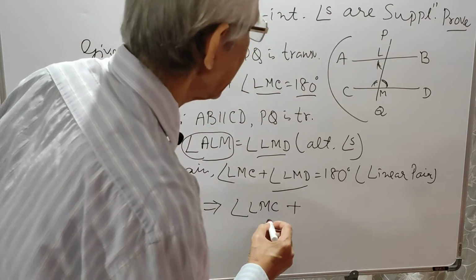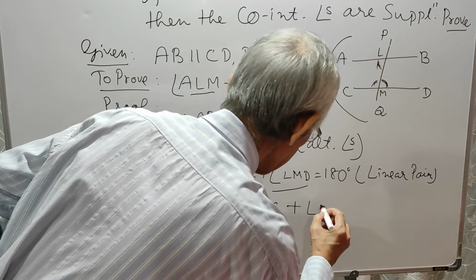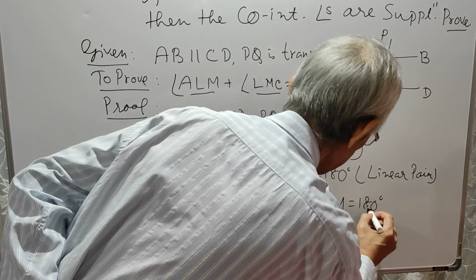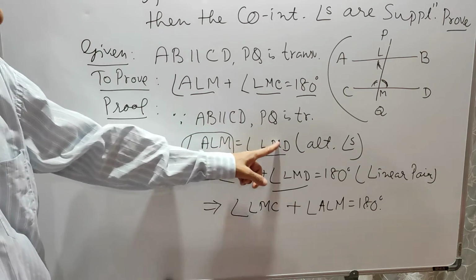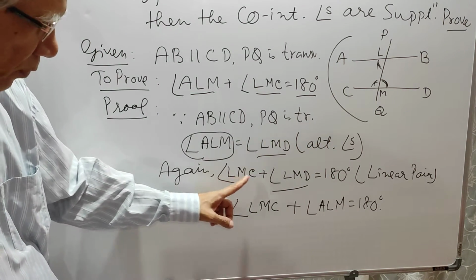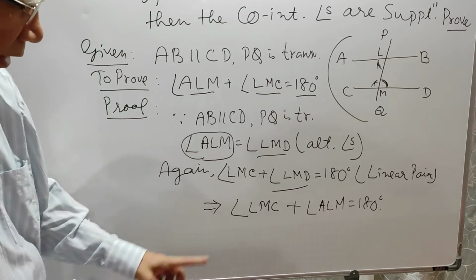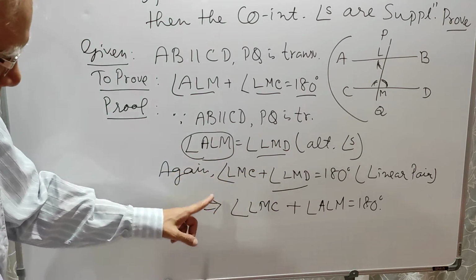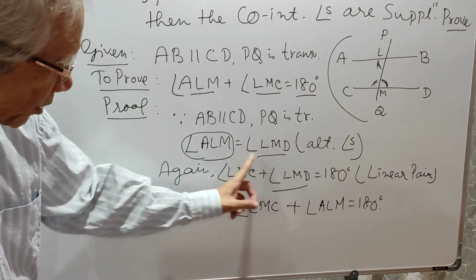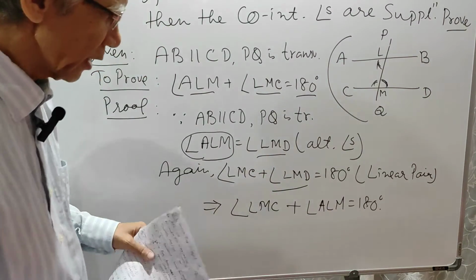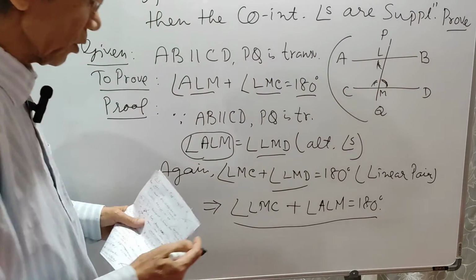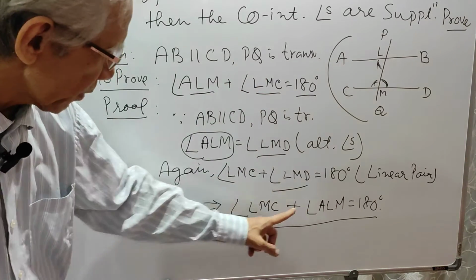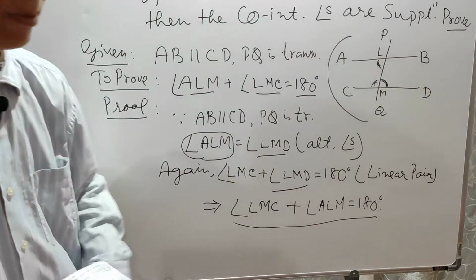So this implies LMC plus ALM equals 180 degrees. These two are equal because they are alternate, and this plus this is 180 degrees because they are a linear pair. So in place of LMD we write ALM. Next line: LMC plus ALM equals 180 degrees. So proved. You see, this was what was to be proved: ALM plus LMC is 180 degrees. So we have done it.